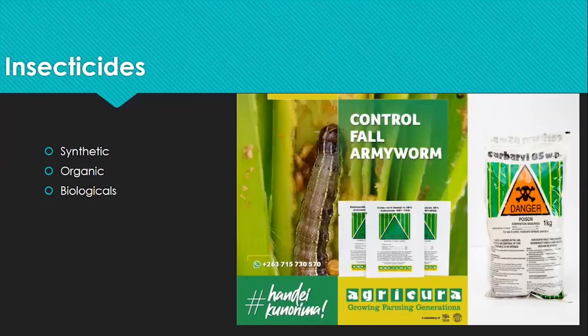For example, one sachet, that's a 10-gram sachet, goes for $1 in Agricura branches, and that 10 grams can be used to dilute in one 16-liter knapsack. Per hectare, it's only 120 to 150 grams, and it can be applied across various crop stages, from the young ones, up until the crop has grown very much.